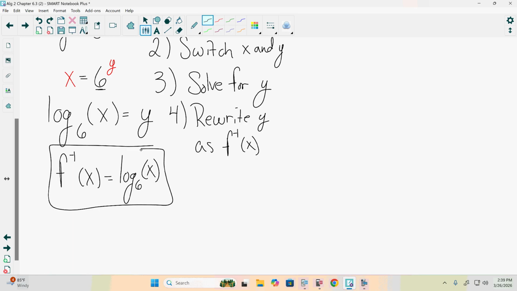We're saying that this is the inverse of our original function. And we only do that if it started out in function notation. So if it starts out in f of x, we need it in function notation at the end, so we're going to have to use f inverse. If it does not start in function notation, it will not end in function notation. We only need it if it is given to us in the original function. Questions on this here?